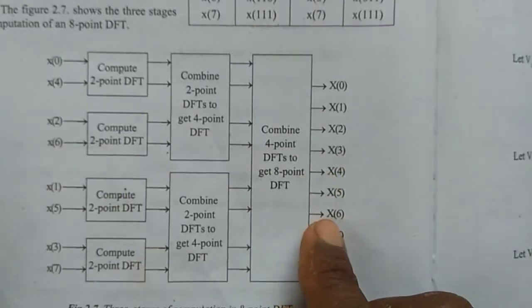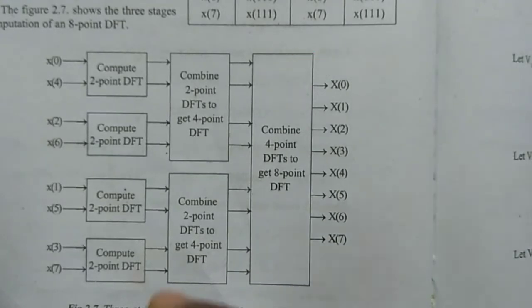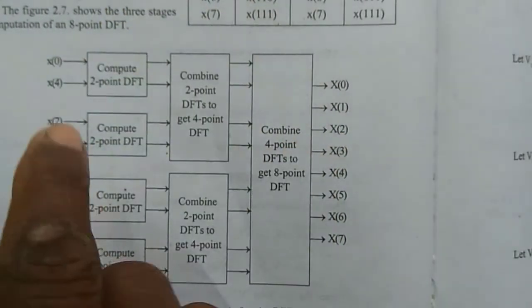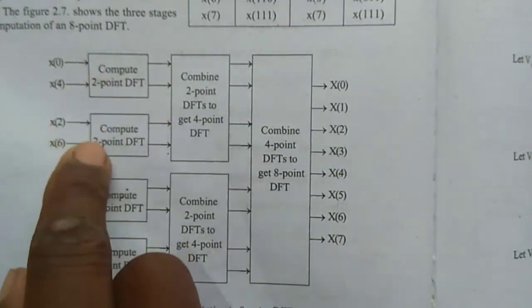In order to find an 8-point DFT, we found that the number of stages required is 3. This is the first stage of computation, in which we are finding 2-point DFTs.